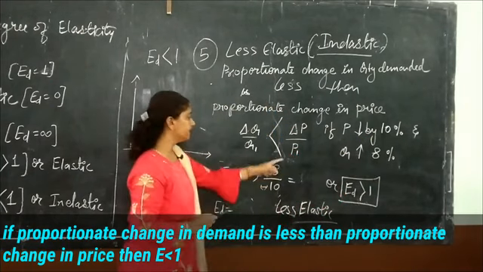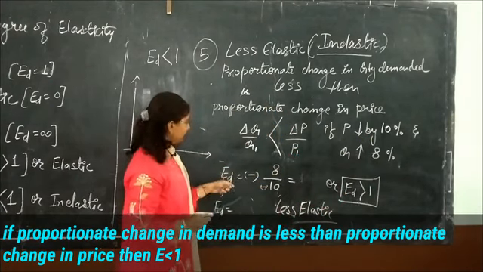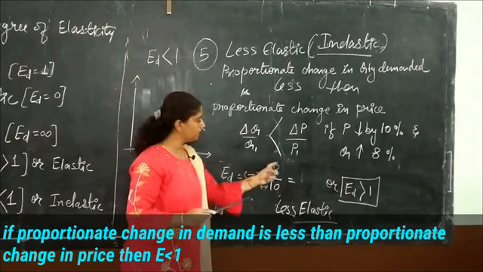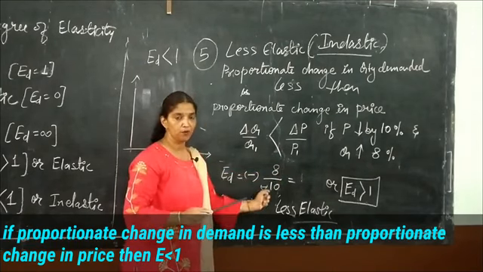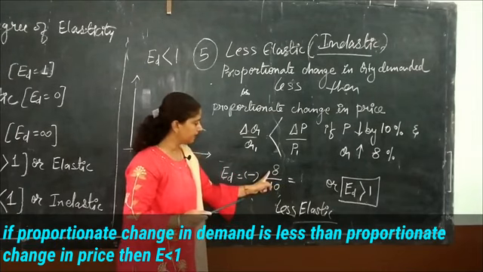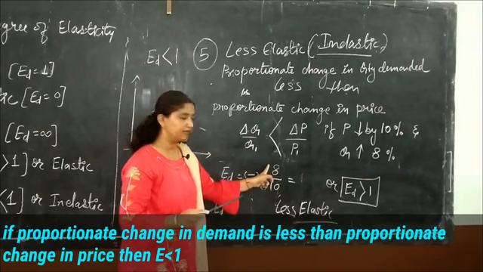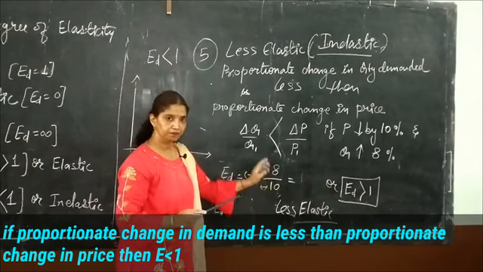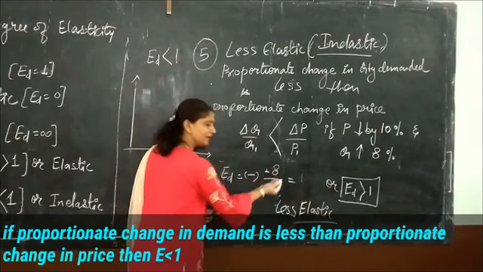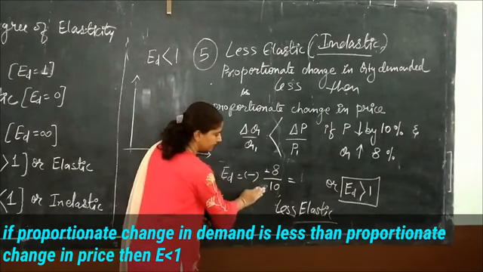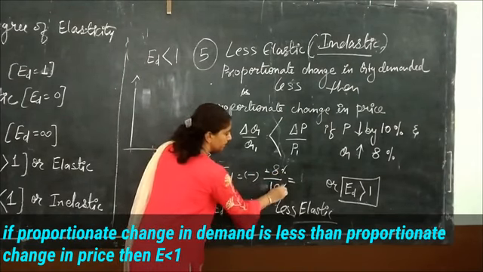By putting all these values into the formula, elasticity of demand is equal to minus proportionate change in quantity divided by proportionate change in price, and here that is 8%. As the demand is increasing, I have put a positive sign or no sign, and there is a fall in the price, and this is 10%.